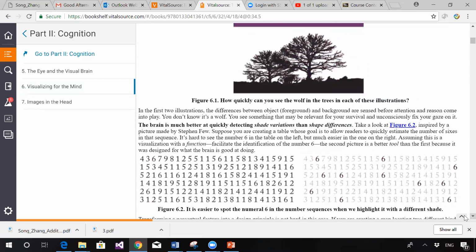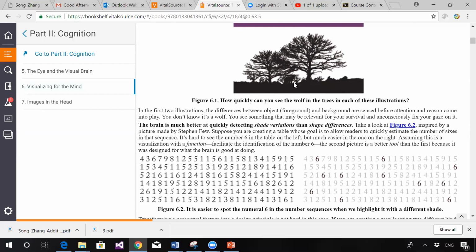By playing this game, we know for sure it's an experiment. We know for sure our eyes and brain quickly detect shapes very quickly. So we see that the brain is much better at quickly detecting shade variation than shape differences.